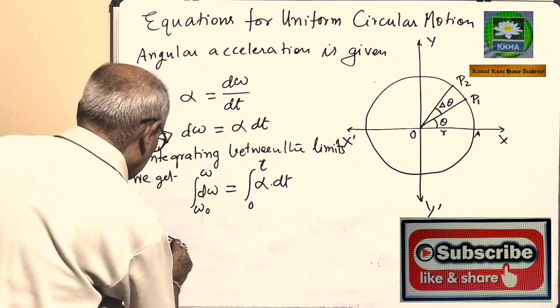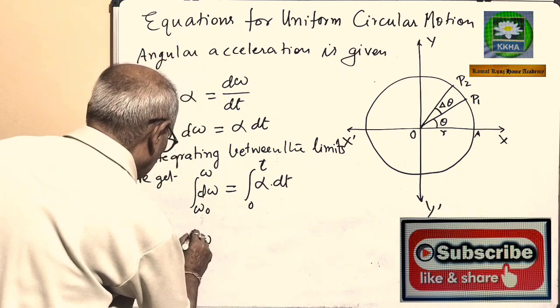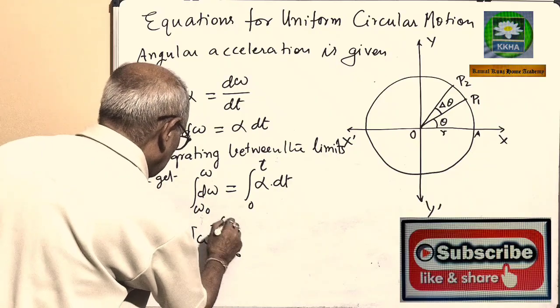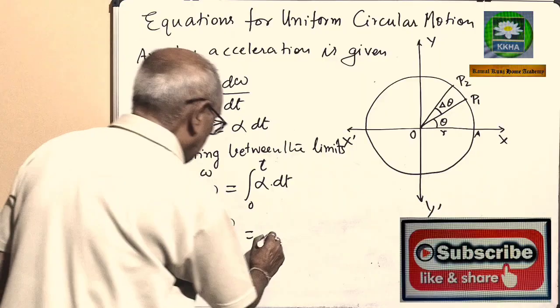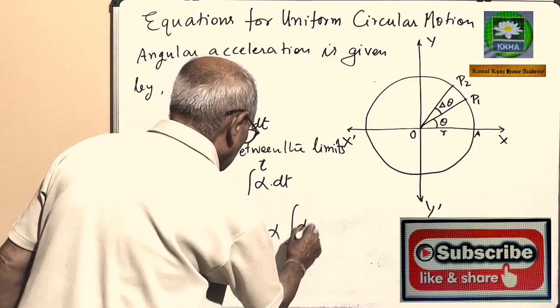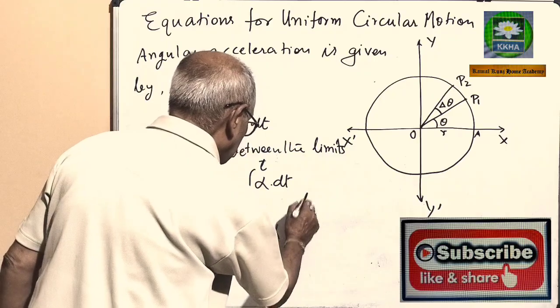This implies that omega minus omega naught is equal to the integral of alpha dt from 0 to t.